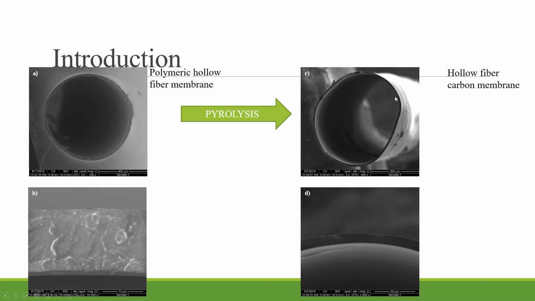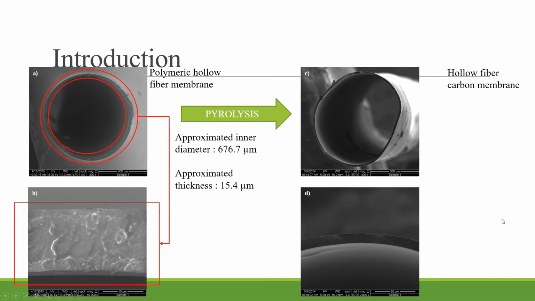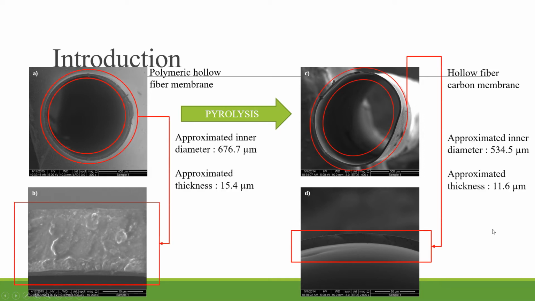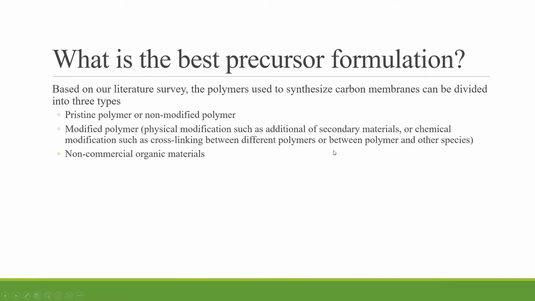This is the form after the conversion, and as you can see, the thickness is quite different, approximately a 10% reduction. So that was the introduction, a little bit about the carbon membrane.